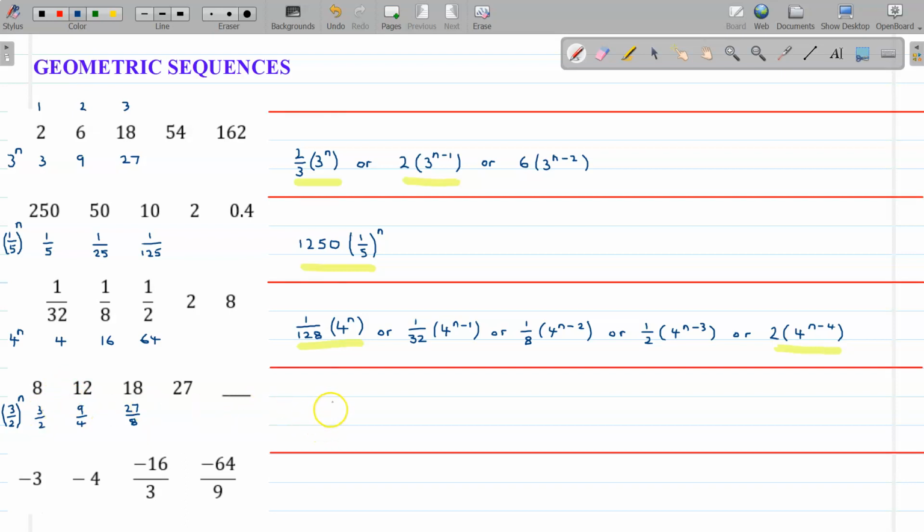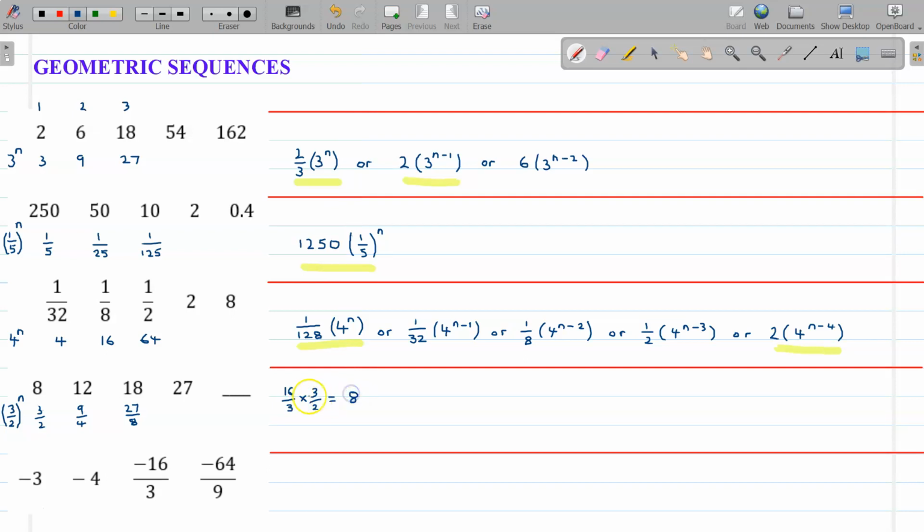So let me just show you that here. So 16/3, which is 5 1/3, times by 3 over 2. If you look at that, multiply those two fractions together, the 3's cancel, 16 over 2 does indeed give you 8.